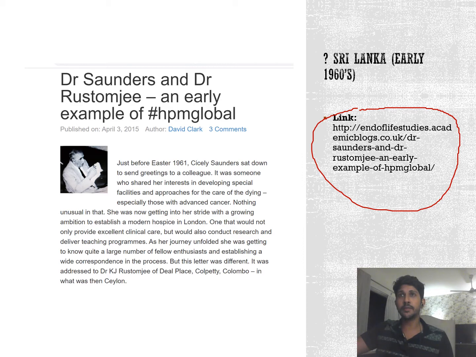So the approach to care was very similar, and this blog post is from a UK-based website. So it is really a worthwhile piece to read.